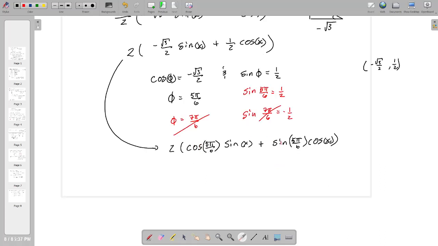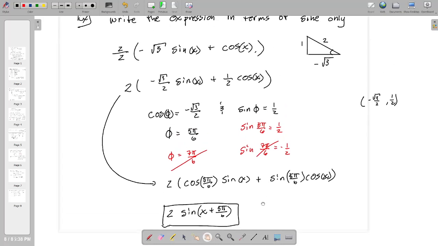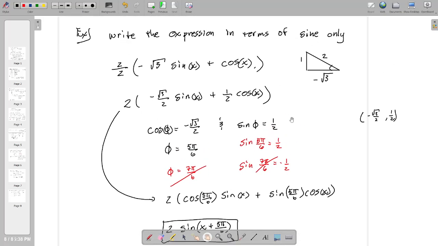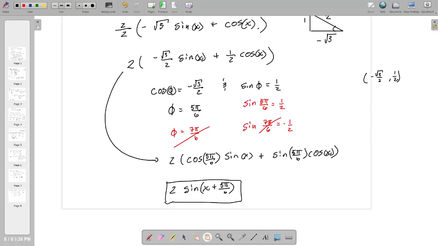We can see that this is exactly the sum of angles for sine. So we end up with 2 times sine of x plus 5 pi over 6. And we're done. We've written it in the exact form that we wanted. It's only in terms of sine, it just happens to be a sum of angles. Write the expression in terms of sine only. We've done that.